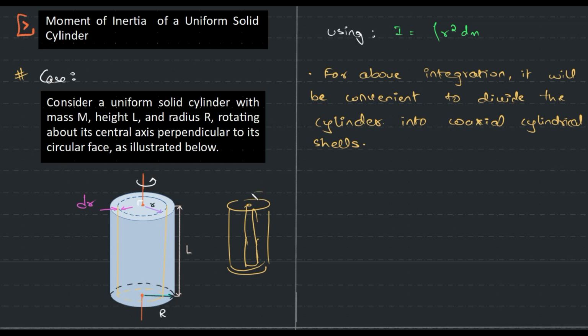So they are hollow, and we are considering the thinnest one first. The length will not change. I'm just drawing a small one and a bit larger, a bit larger, and so on and so forth. Okay, so this is the case.